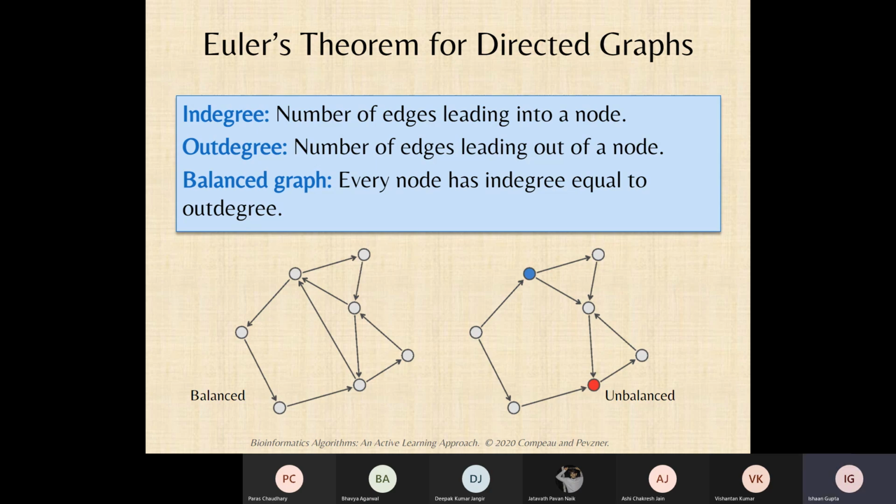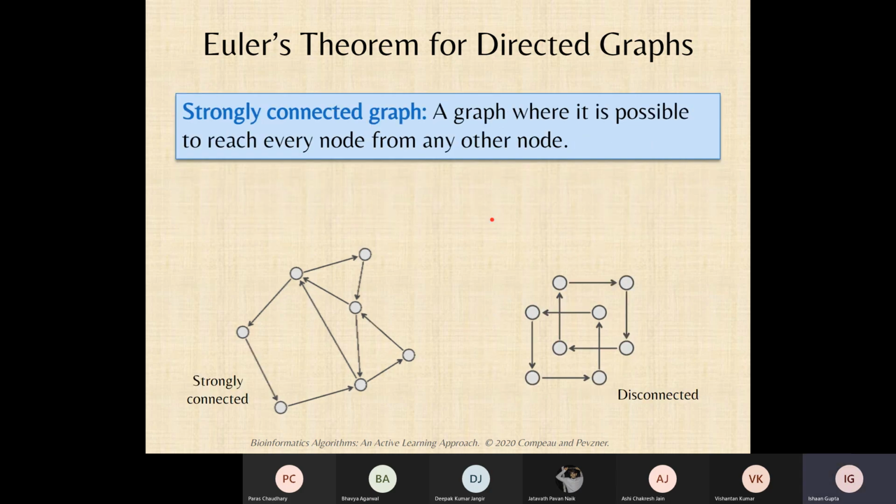Okay. So first, as you can imagine, Euler's theorem says that for a graph to have an Eulerian path, the graph should be balanced. The second thing is that for an Euler solution to exist, the graph should be strongly connected. That essentially means that you should be able to reach every node from any other node.